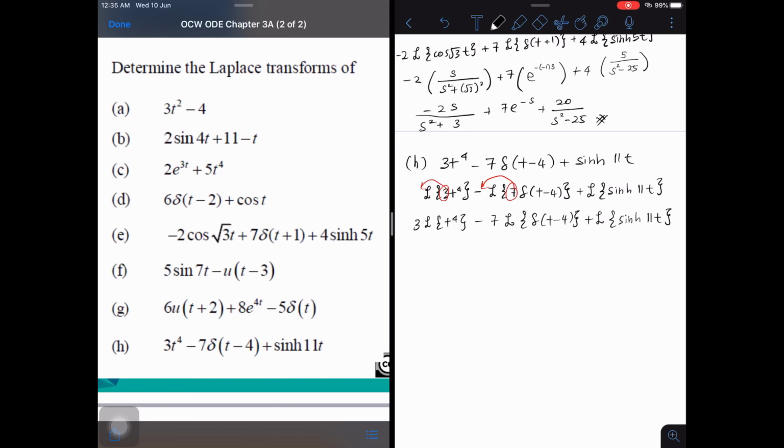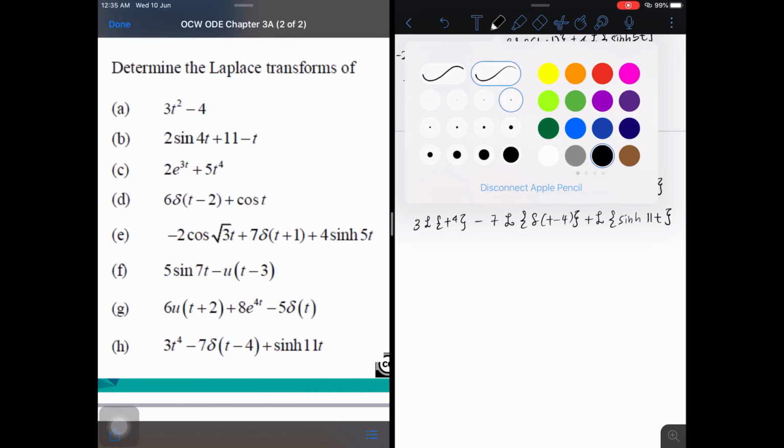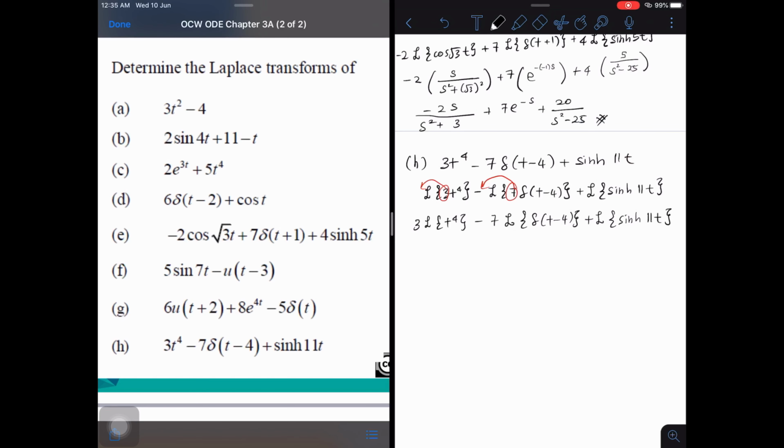Alright, so now you can solve the Laplace transformations. For this one, you need to find the Laplace transformation for the polynomial t to the power of 4. The formula is n factorial over s to the n plus 1. Therefore, you will have 4 factorial over s to the power of 4 plus 1, which is 5, minus 7. The Laplace transformation for delta is again exponent negative ds.